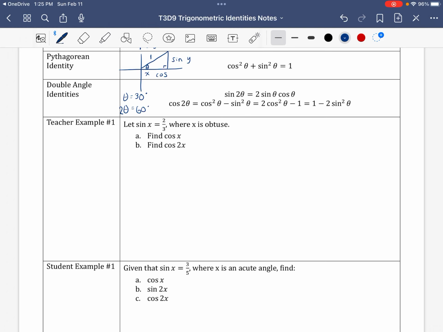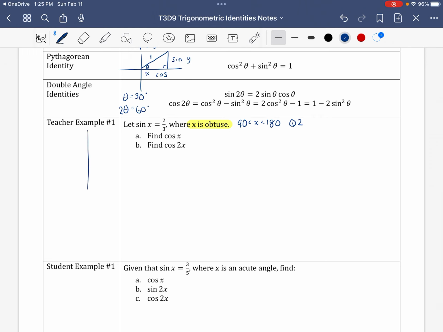Okay, so let's start off with: let sine of x equal 2 over 3, where x is obtuse. There are a couple of very important things here. Number one, it tells us that x is obtuse, which means it is an angle measure between 90 and 180 degrees, putting us into our second quadrant.